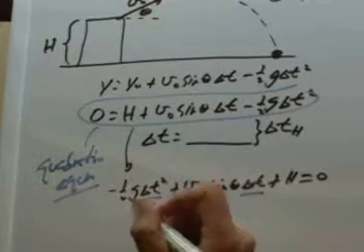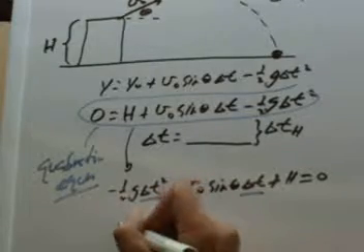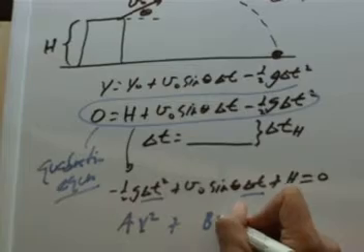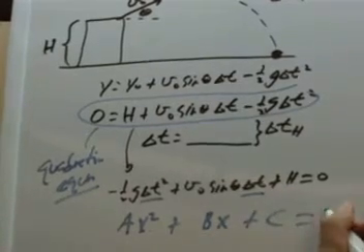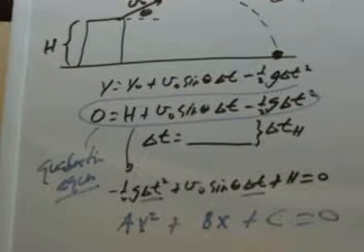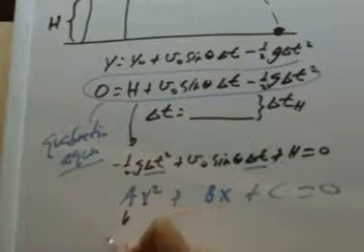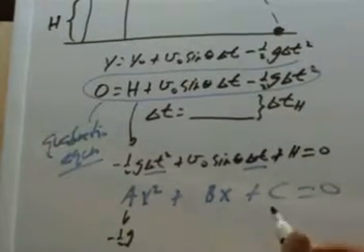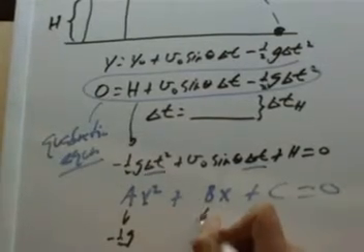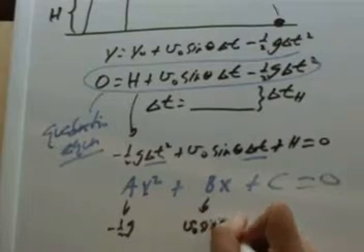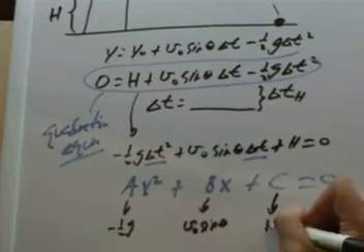The quadratic equation is always something like ax squared plus bx plus c is equal to 0. And you can use the quadratic formula to solve this, but a is always going to be the minus 1/2 g term. B is always going to be v naught times the sine of theta, and c is going to be the height of the building.